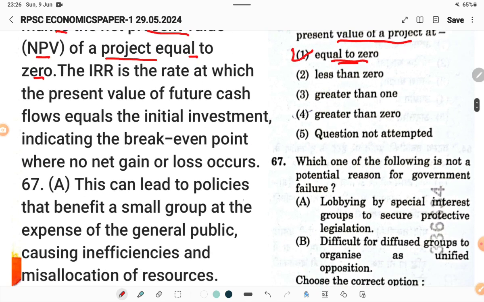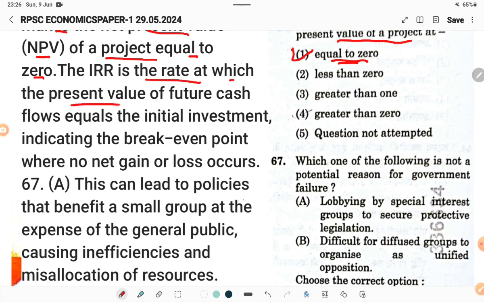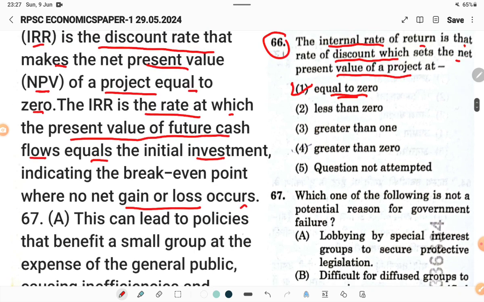The IRR is the rate at which the present value of future cash flows equals the initial investment, indicating the break-even point where no net gain or loss occurs. So option 1 will be the right answer.